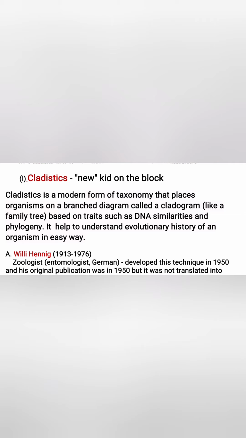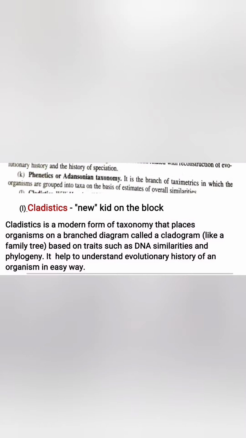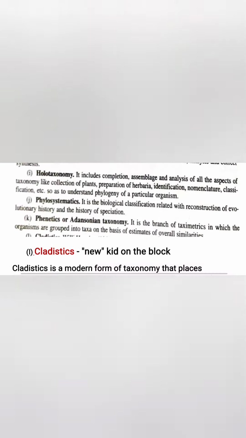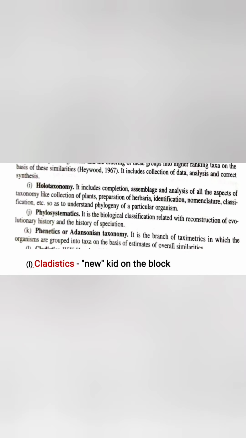Or we can say cladistics is the new kid or new descendant on the block. So cladistics again is a type of taxonomy which helps in understanding the evolutionary history of plants and placing them in appropriate positions. So students, I will just recapitulate all these terms here.